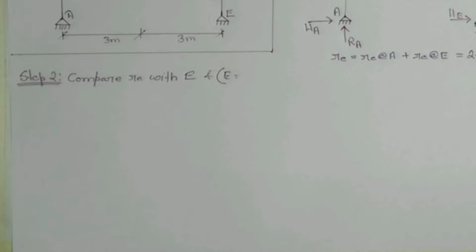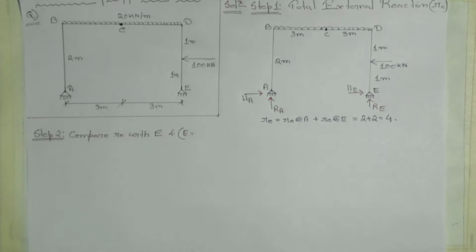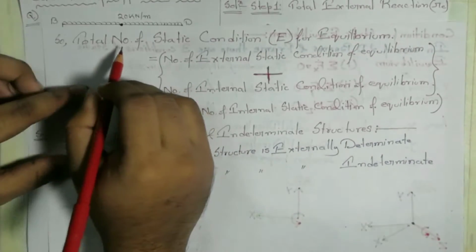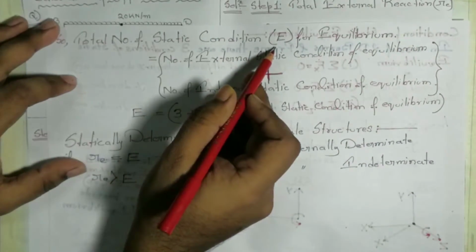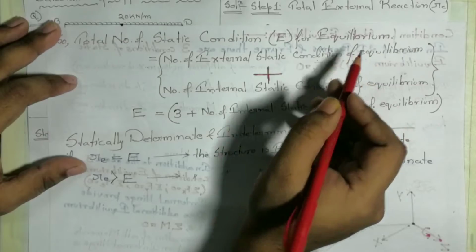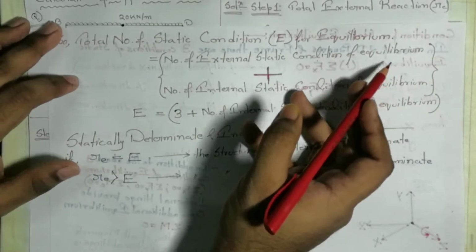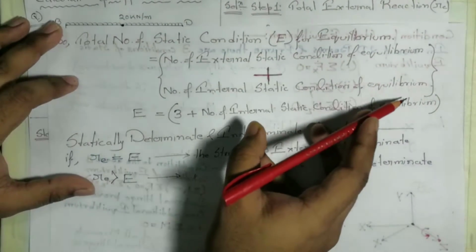Now for step 2, we are going to compare the total external reaction with the total number of static equilibrium conditions. Here RE is the total external reaction and E is equal to the total number of static conditions for equilibrium, that is the number of external static conditions of equilibrium plus the number of internal static conditions of equilibrium.